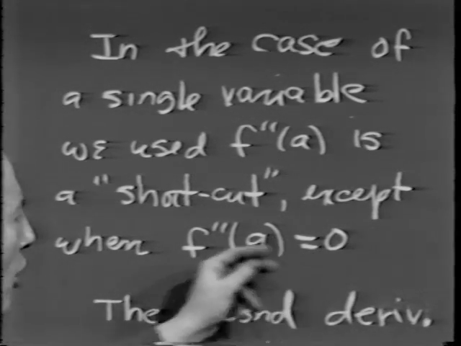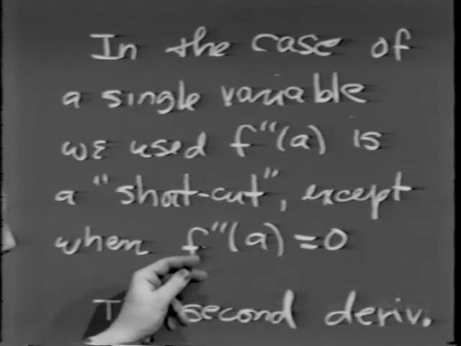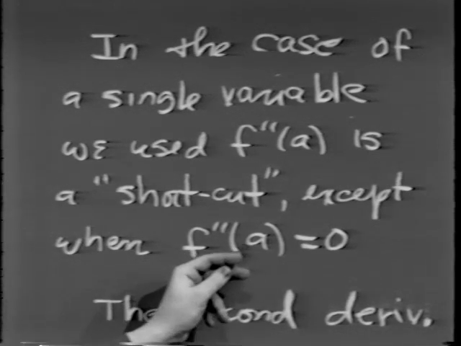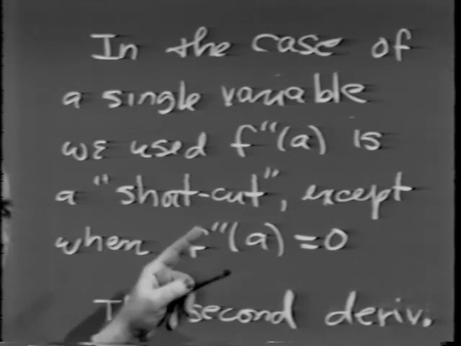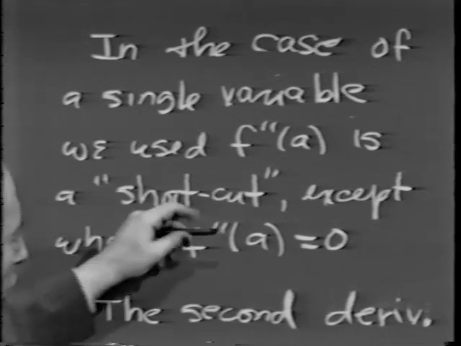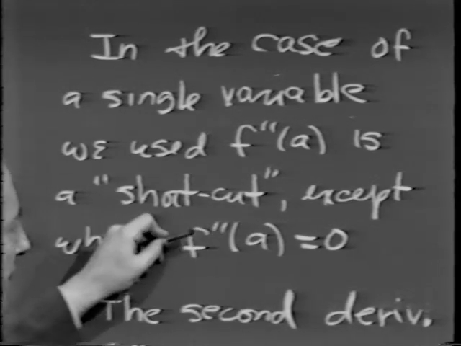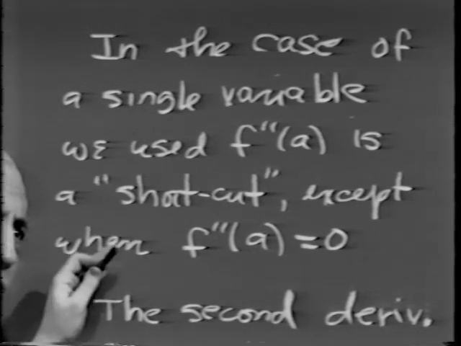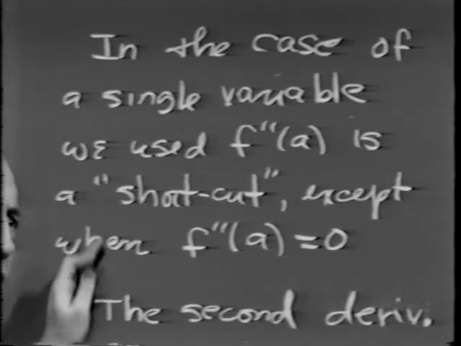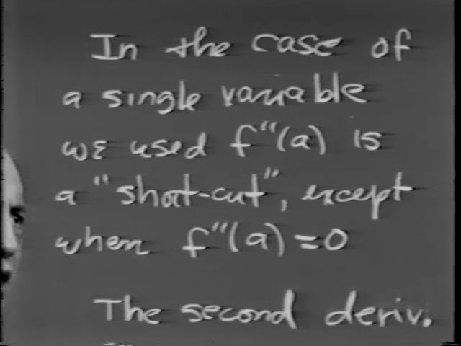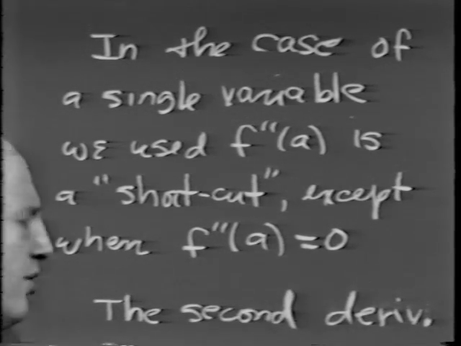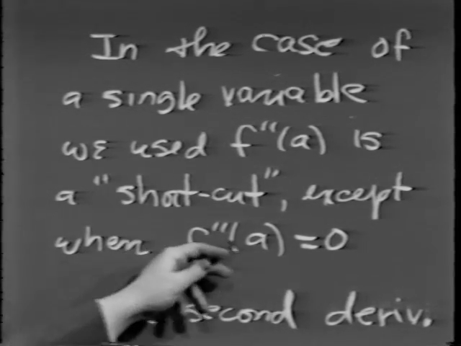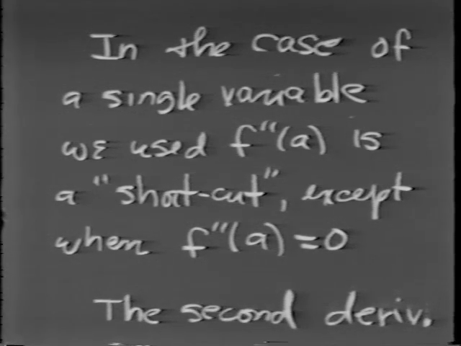Remember, that was that holding water versus spilling water routine. If f double prime of A was positive, that meant that the curve was holding water. Holding water meant that you had a minimum value. If f double prime of A was negative, that meant that the curve was spilling water, and spilling water yielded a maximum value. And the only problem is when the second derivative was 0, in which case the test failed.